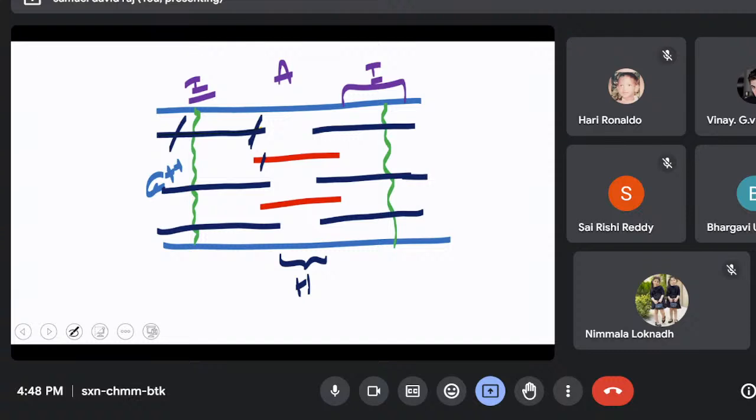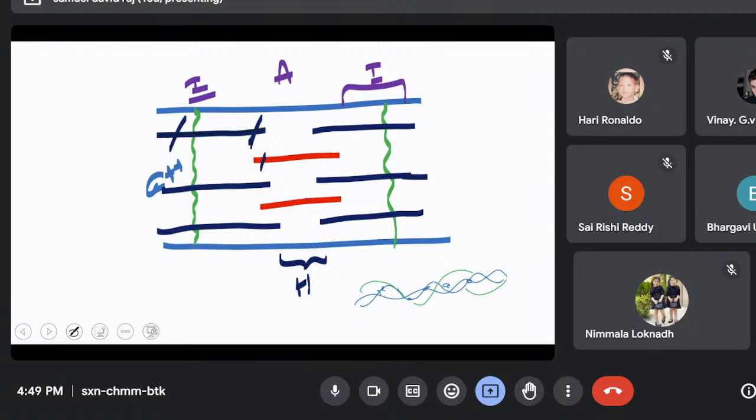This thin filament is made up of what? It is made up of actin filament, which is double helical, having a number of active sites, and these active sites are closed by the tropomyosin, which runs in the grooves of the double helix. It covers all the active sites of actin.